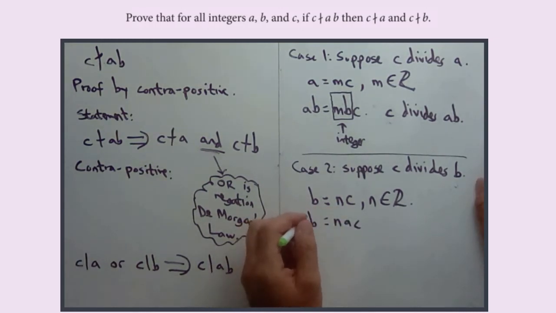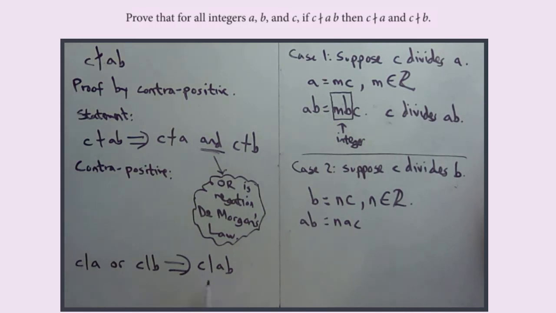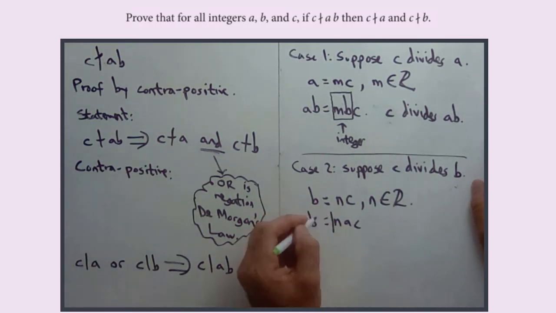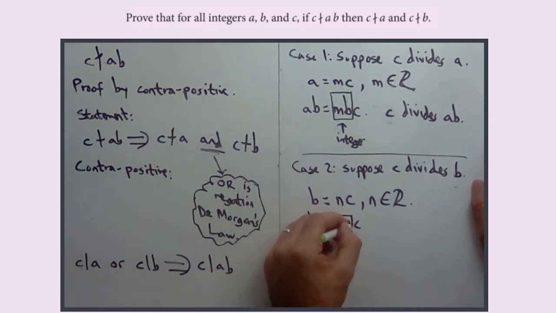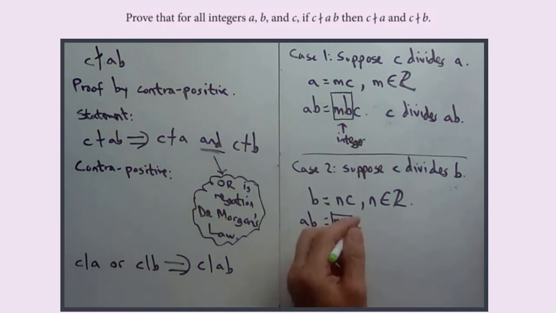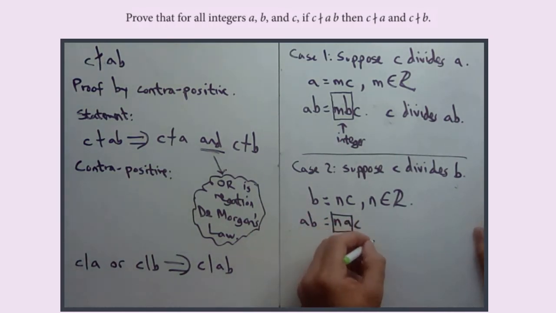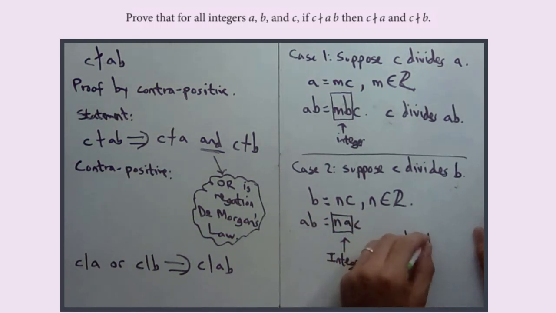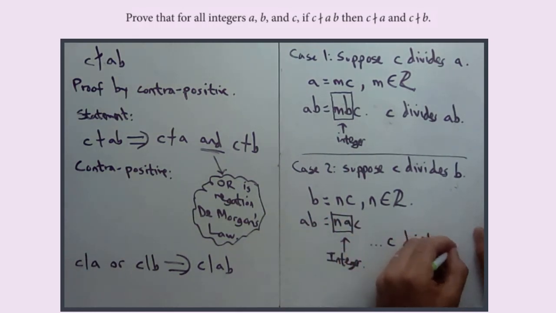Right, we're looking to show that C divides AB, so you can see that AB can be written as an integer times C. So that shows us that C divides AB.